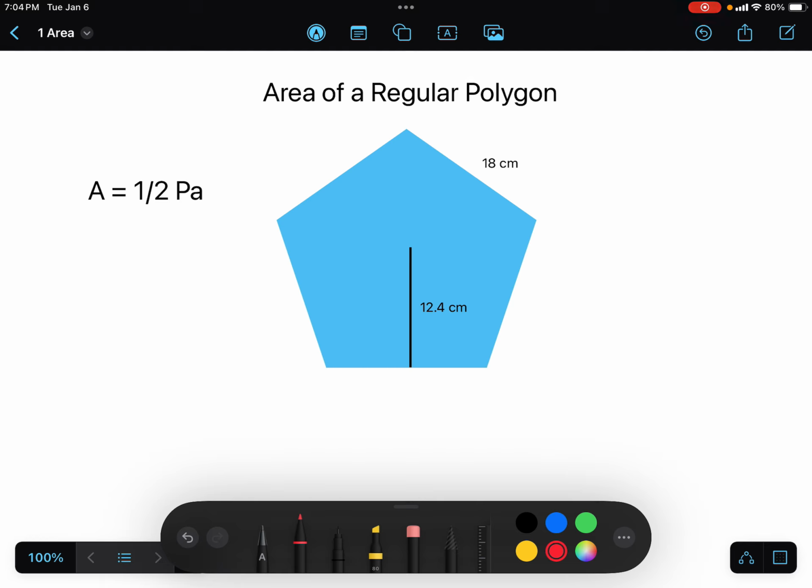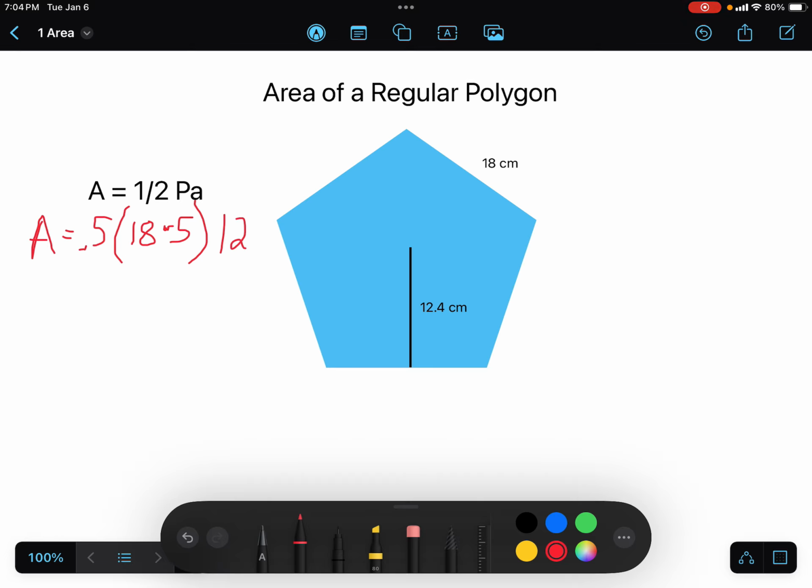So keep in mind, of course, that the perimeter of a figure is the sum of all of its sides. Well, we could get that sum by taking the 18 centimeters of one side and multiplying it by 5 total sides, because all the sides of a regular polygon are the same length.